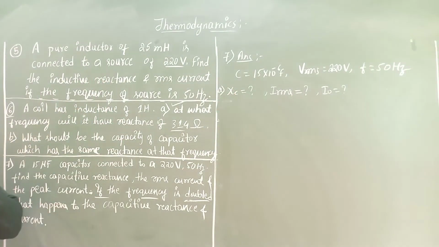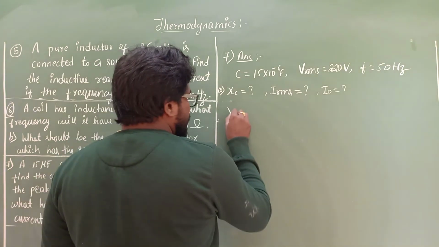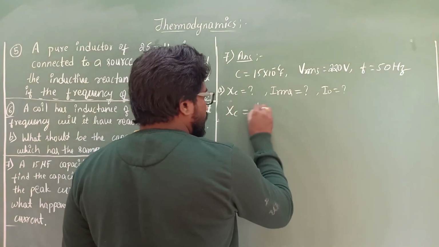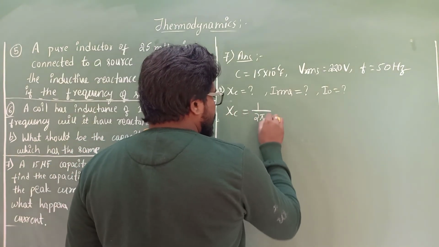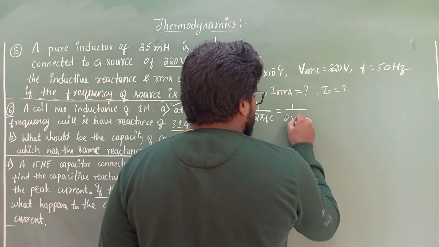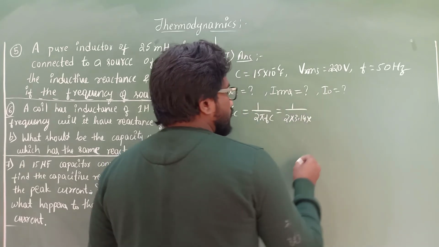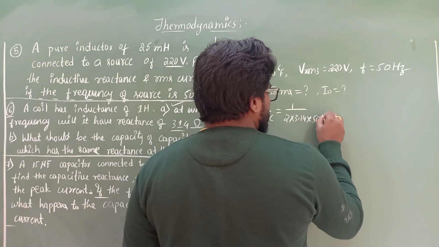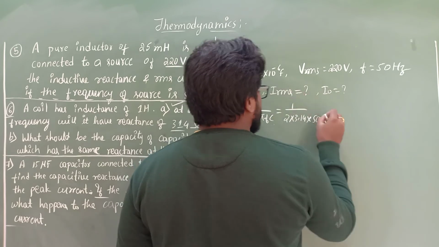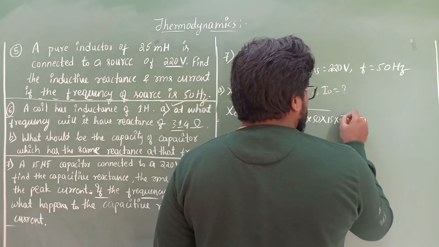Now, what is the formula for XC? XC is equal to 1 over 2 pi f C, that is 1 over 2 into 3.14 into 50 into 15 into 10 power minus 6.